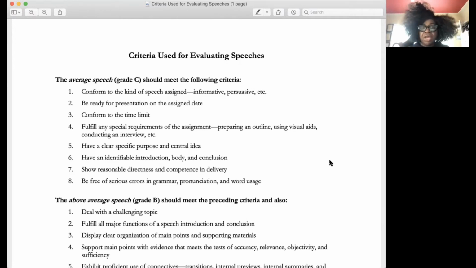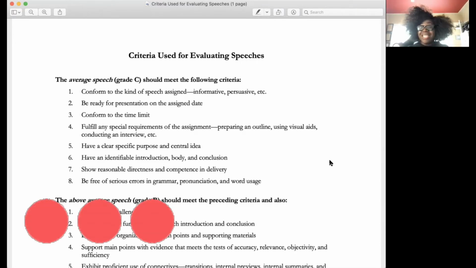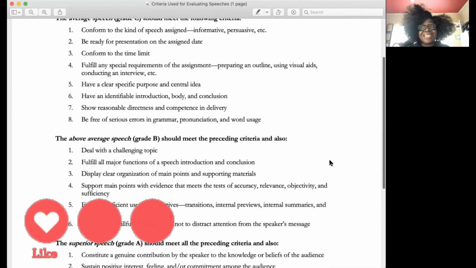It is free of errors in grammar, punctuation, and word usage. And it conforms to the assigned topic. And it conforms to the assigned type of speech. And it has an outline, it has visuals, all of that. But it is not a challenging topic.